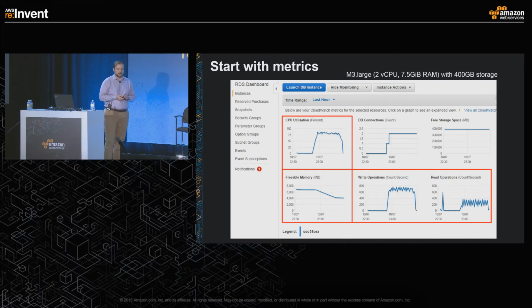Yet another statistic I want to look at is the amount of readable memory, but it doesn't seem to be a problem yet. I still have about 2 gigabytes of RAM available to me. Free storage doesn't seem to be an issue. I have quite a bit of it. And the number of database connections is predictably 2, because I'm running two of them in parallel right now.